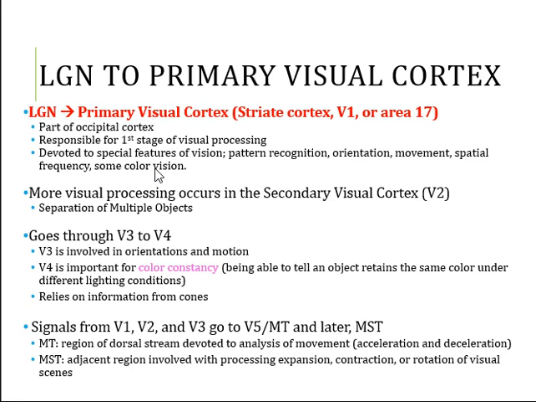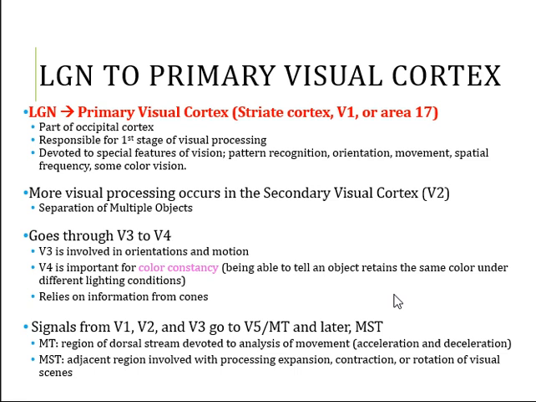So signals from V1, V2, V3 will go to areas V5/MT, and then later to MST, which is the medial superior temporal area. So MT, or the medial temporal area, is part of the dorsal stream, which I think we'll talk about in a little bit, which is devoted to the analysis of movement, so acceleration, deceleration.